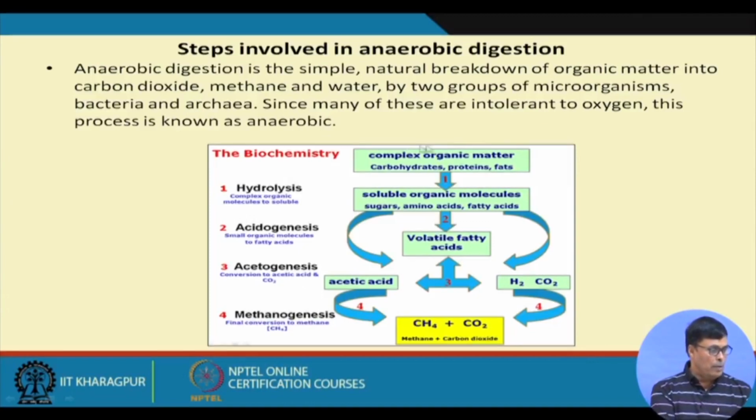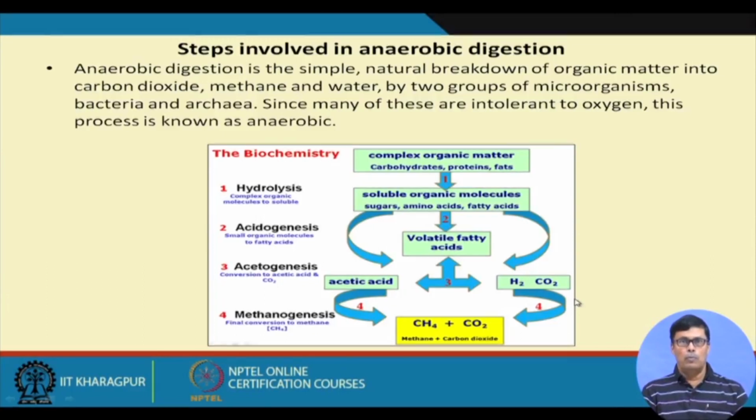Here I want to point out that two groups of microflora take part in this system. The hydrolysis and acid production usually take place by the acidogens, and methane production takes place by the methanogens.